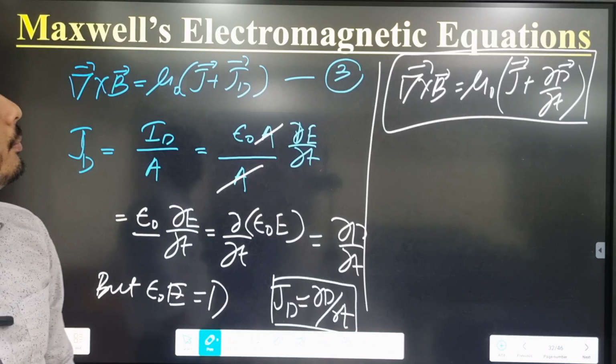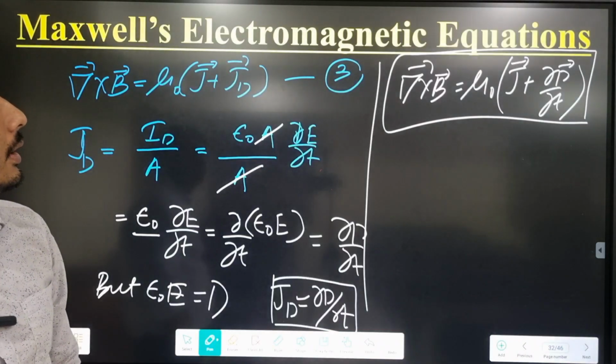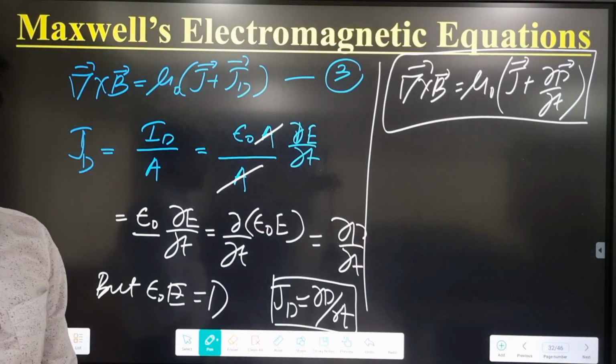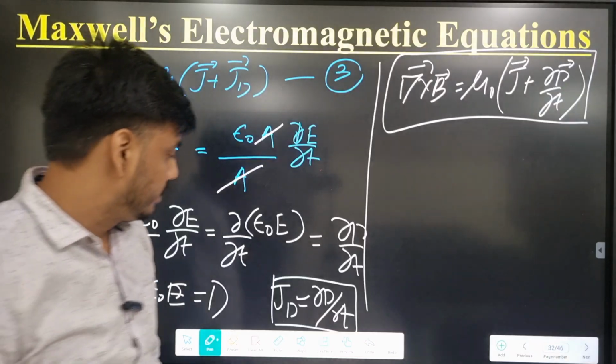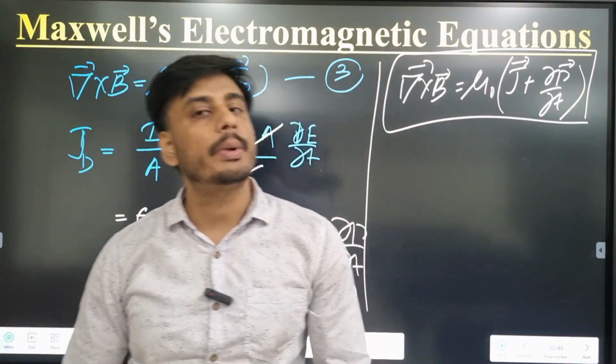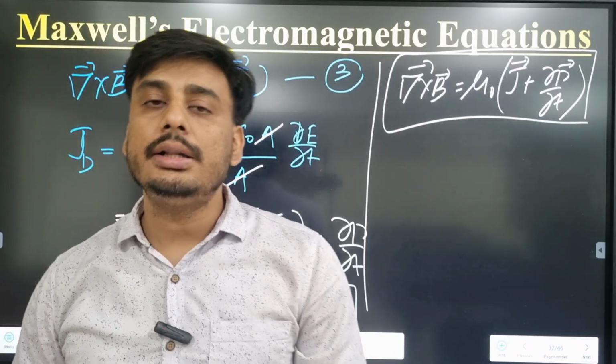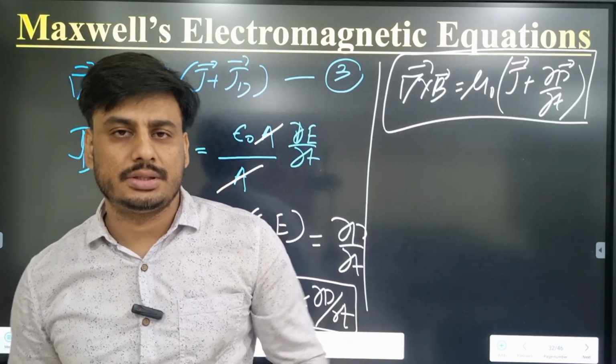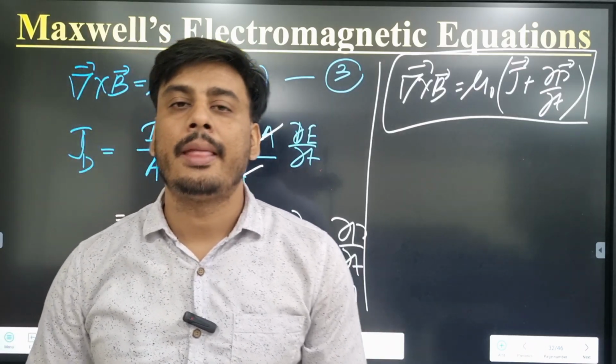So this is the proof of the fourth Maxwell's equation for electromagnetic theory. Clear? So practice all these equations. All these equations are very important for the electromagnetic theory chapter, and you may get this type of question for derivations in the exam. Thank you.